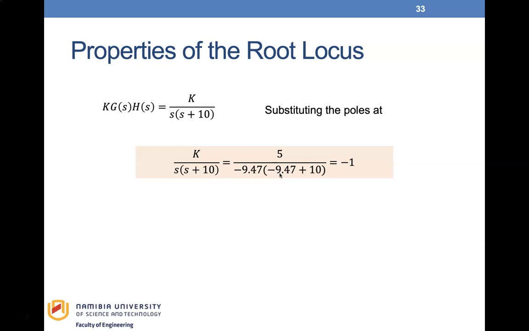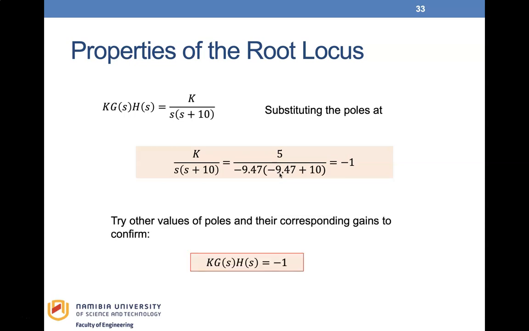Substituting the pole at -9.47 for s and 5 for k yields -1. You can try solving for the other values of poles and their corresponding gains to confirm that you will always get the open loop transfer function multiplied by the gain equal to -1.